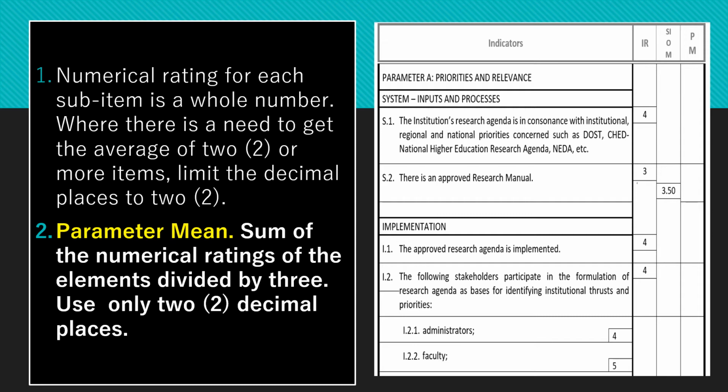So, yung item rating natin doon na inilagay is 4 and 3. So, ang kanya pong mean, inilalagay natin doon sa SIOM, System Implementation Output Outcomes mean na 3.5. Okay po? Okay. So, implementation, ganun din po.